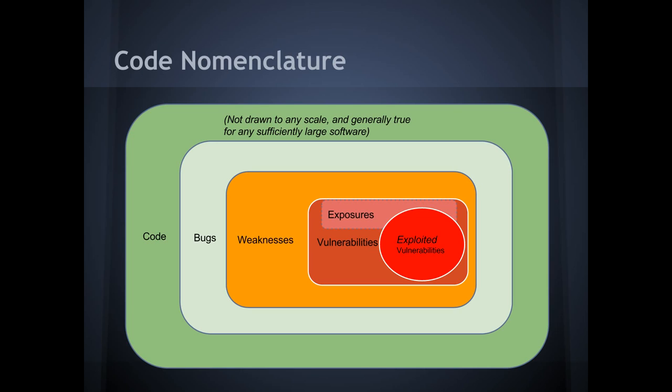It's still going to be inconvenient for a user and cause complaints. But a subset of those bugs for sufficiently large code is going to be weaknesses. And so on. Some of those weaknesses are actually going to be vulnerabilities, and perhaps when those are combined with some exposures, a subset of those two will lead to exploited vulnerabilities.